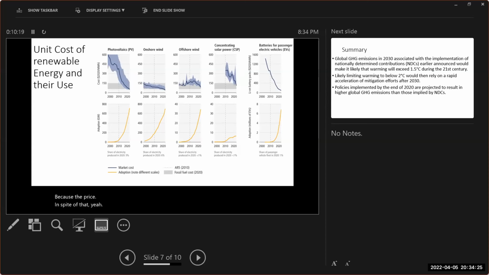But look at the one with respect to the solar panel. Not many people are using it as much. I wonder why. See, it's not rising as fast as photovoltaics. What? Photovoltaic is also solar panel. That's basically capturing the solar power for electricity, I think. But the other one, concentrating solar power, I'm not sure what the difference is.